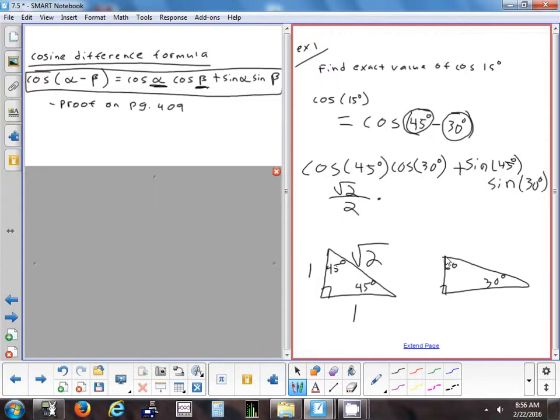Does anybody remember the relationship between the hypotenuse and the short side in a 30, 60, 90? It's double. So what we could do is make this 2, make this 1, and then if you use the Pythagorean theorem, that would be square root of 3. If you square it, you get 3. Square 1, you get 1. 3 plus 1 is 4. Square root of 4 is 2.